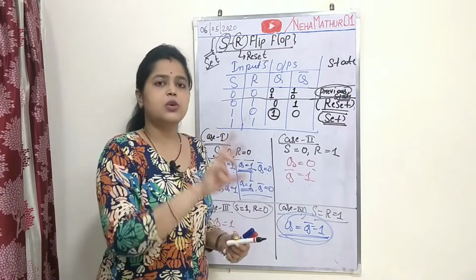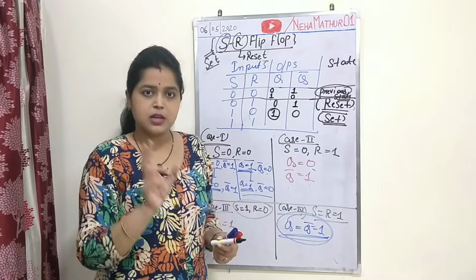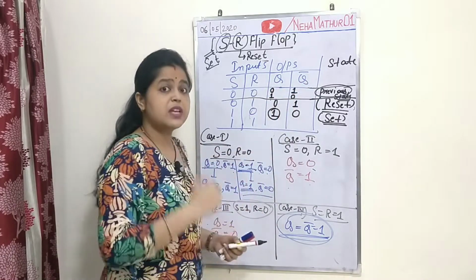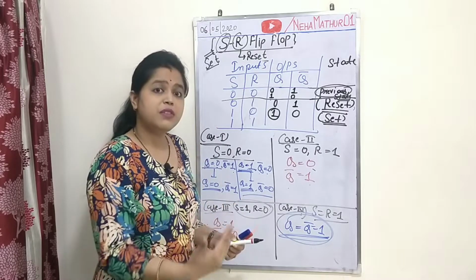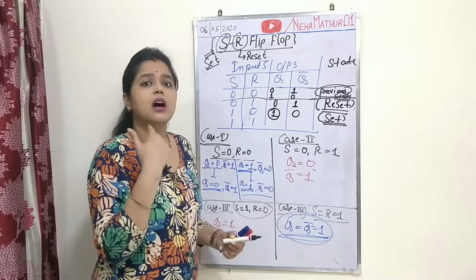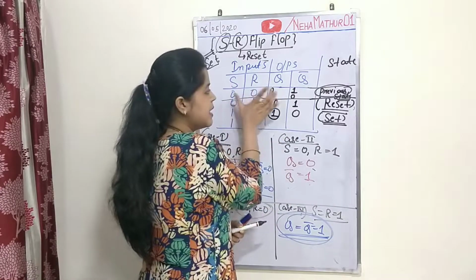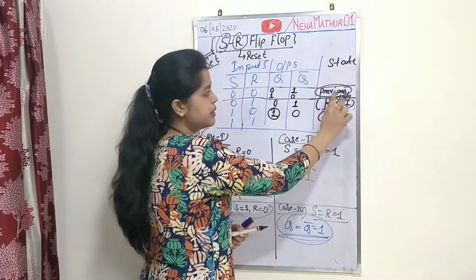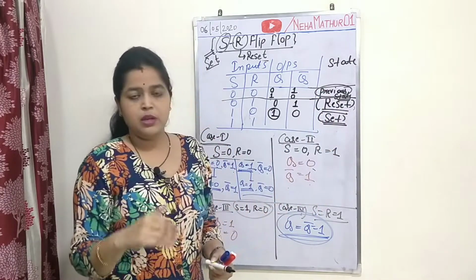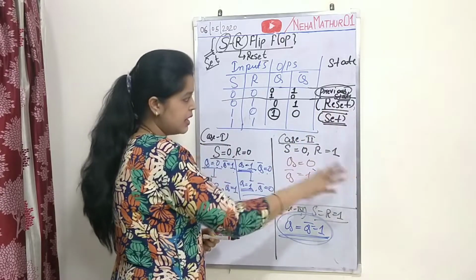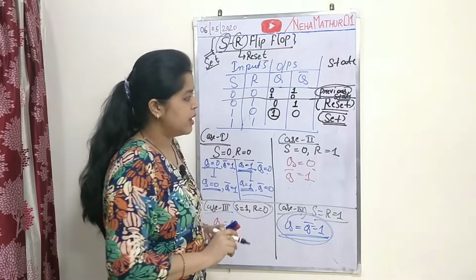That means here the calculation of the output depends on the previous state. So when S equals R equals 0, this comes under the category where the output depends on its previous state. What will be the previous state? That means, what will be our assumptions for Q and Q bar. So for this case I am writing here previous state, because it depends totally on assumption. The second case is reset, while the third case comes under the set state.